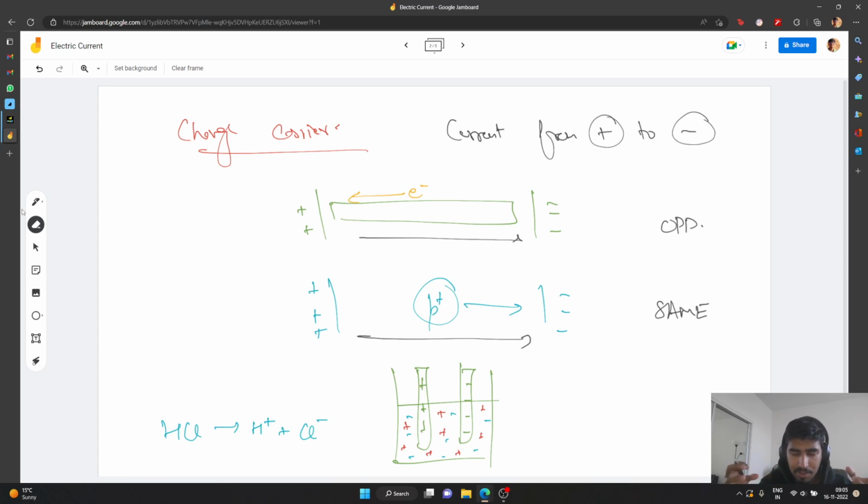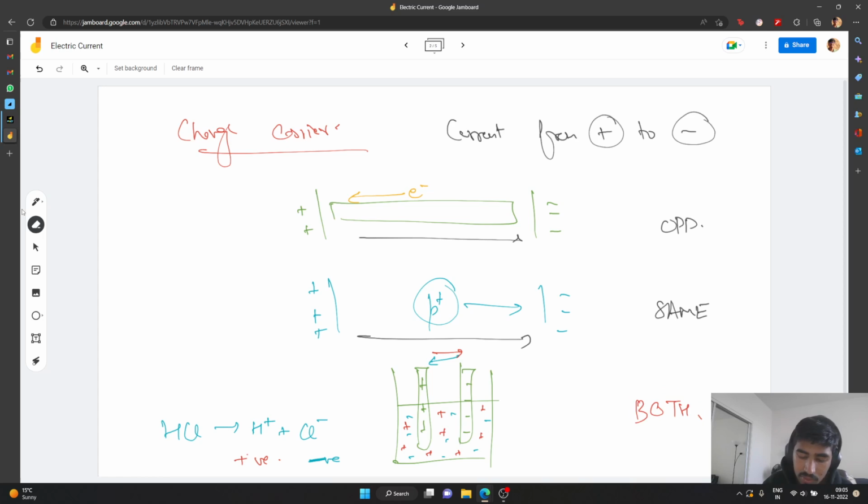It just separates out when in liquid. So this is the positive part, this is the negative part, and then you also have a positive part right here, right? So in this case, it looks like there is movement in both. The negative ones will flow towards this side, and the positive ones will flow towards this side. So both are present in this case.